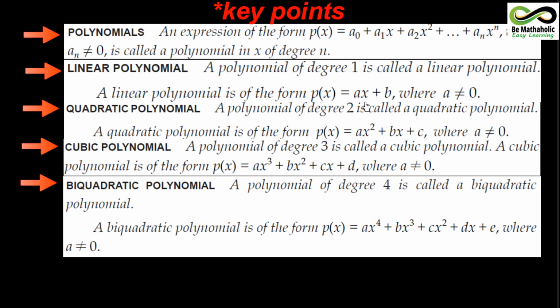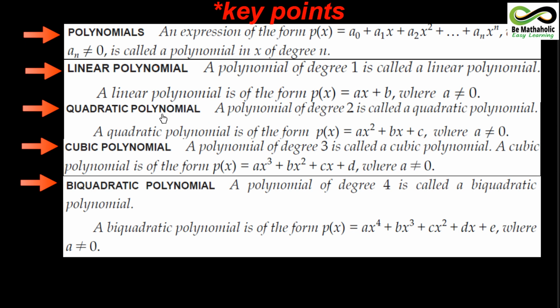The general expression of a linear polynomial is given by p(x) = ax + b. Here the highest power of the variable x is 1, that is, the degree is 1, that's why it is called a linear polynomial. And when we plot the graph of this linear expression, we get a line. That's how the word linear has come.